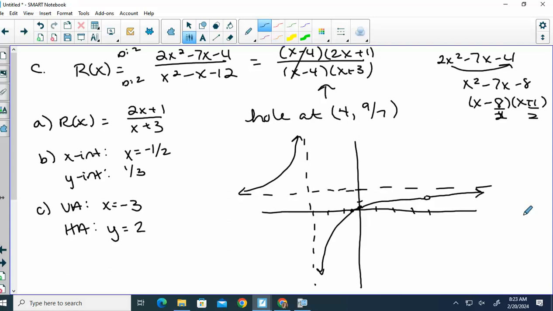Any questions? Do we need to look at anything else on this page? What about the next page?